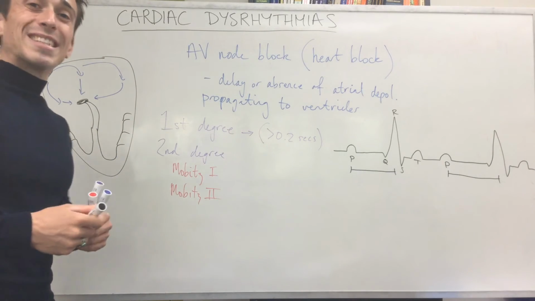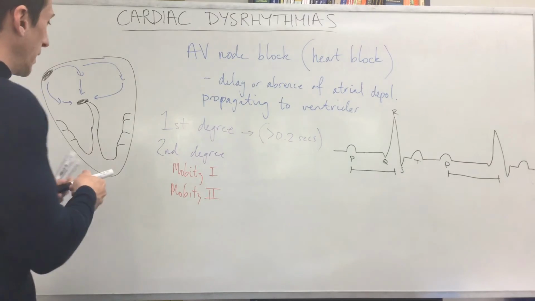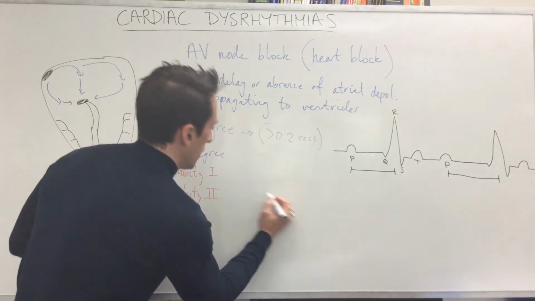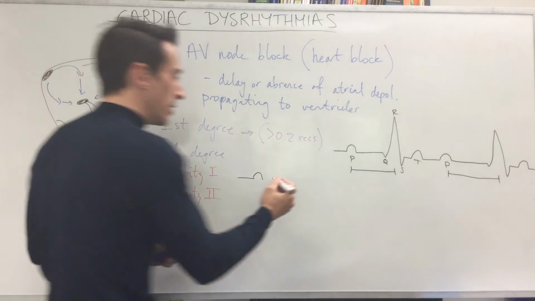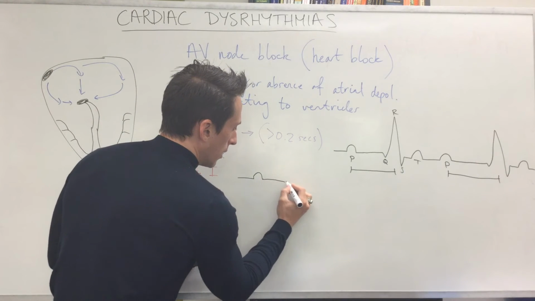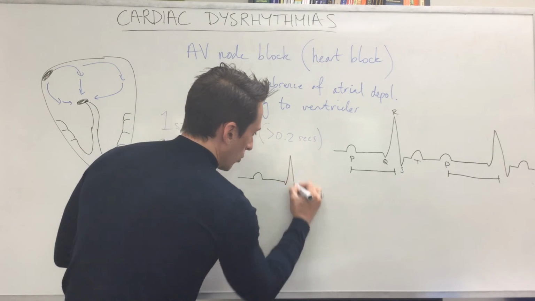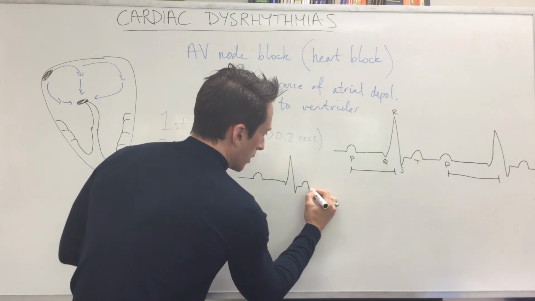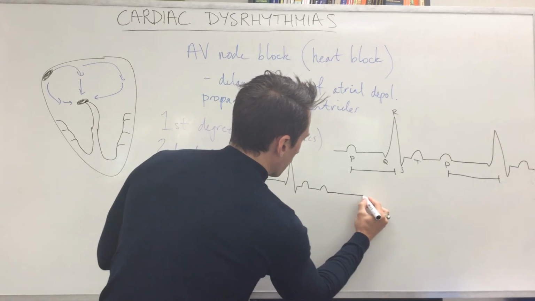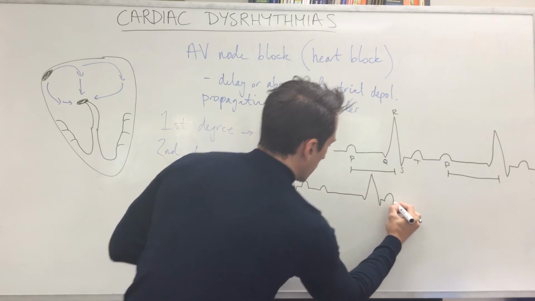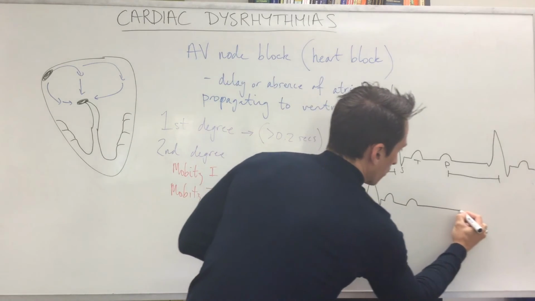So what happens again is that there's some sort of delay occurring, and you have your P wave, then you're going to have your delay, then you're going to have your QRS complex and T, then you're going to have your P wave, but then the delay gets longer. QRS complex, P wave, greater delay.